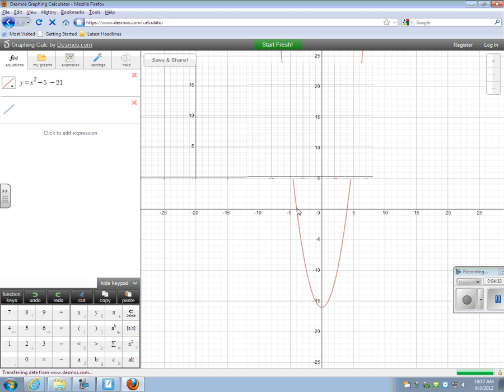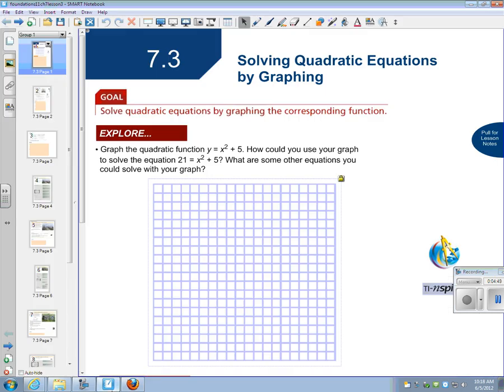So just another way to do this. We can either graph the left side of the equation and the right side of the equation on the same graph and get their intersections, or we can combine it and find the points where it crosses. Okay? So we're going to do a couple examples of that right here.